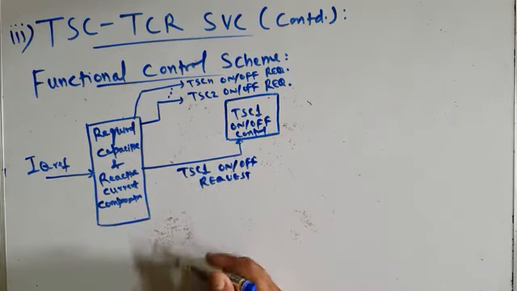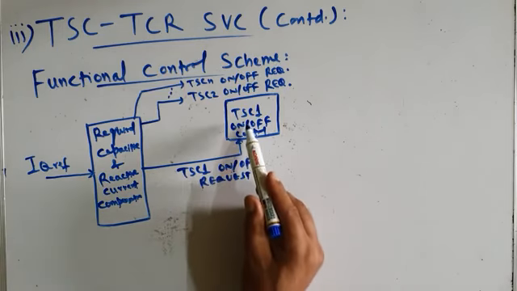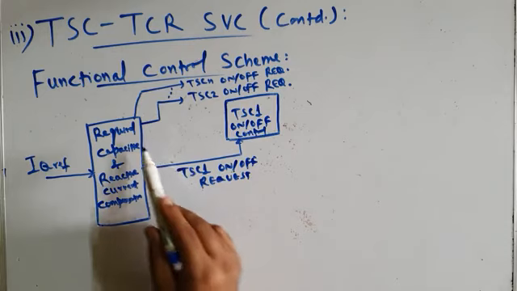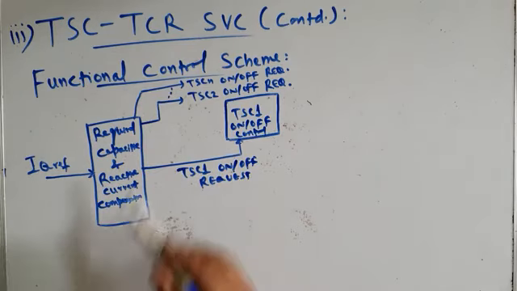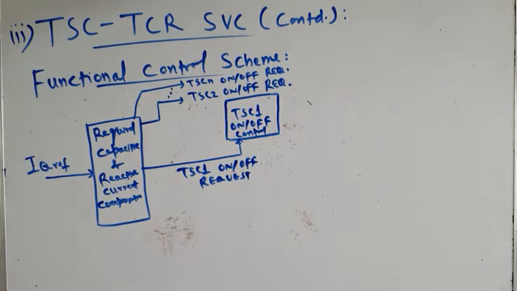For example, if only one TSC branch has to be turned on, a request will go to this control block and it will turn on TSC1. If two TSC branches have to be turned on, then another request will go to a similar block, and that will generate the firing pulses for turning on the second TSC branch.